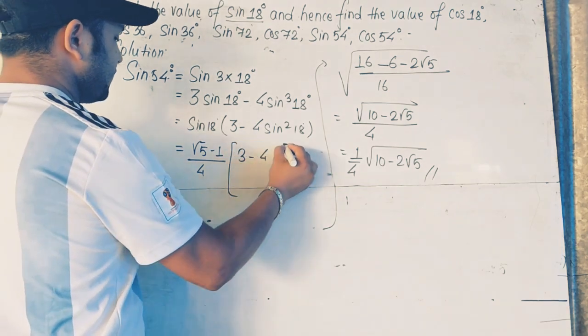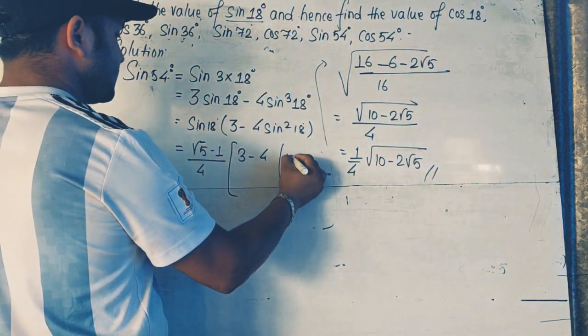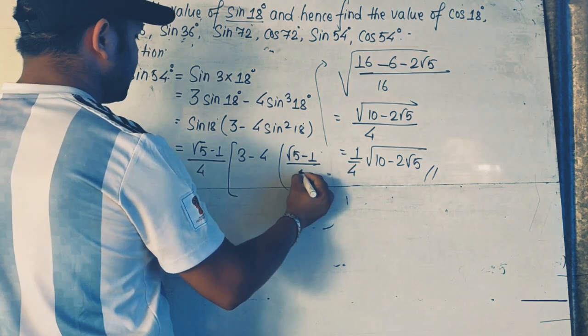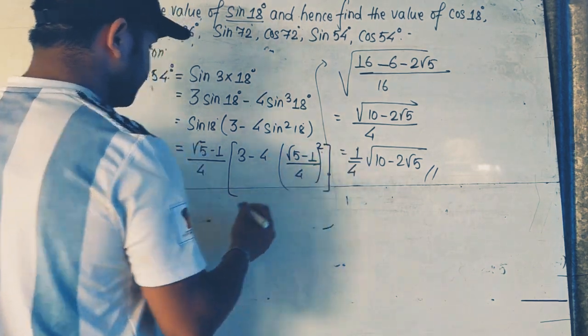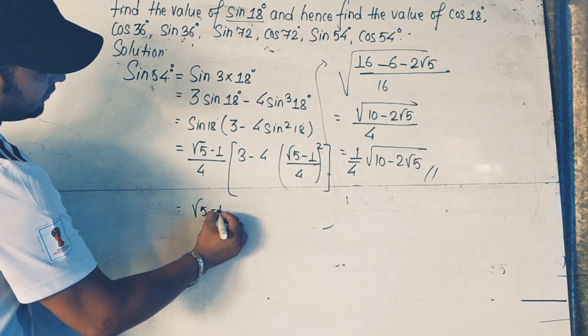So sine 18 is root 5 minus 1 by 4, times 3 minus 4 sine square 18 degree, which you can write as root 5 minus 1 by 4 whole square.